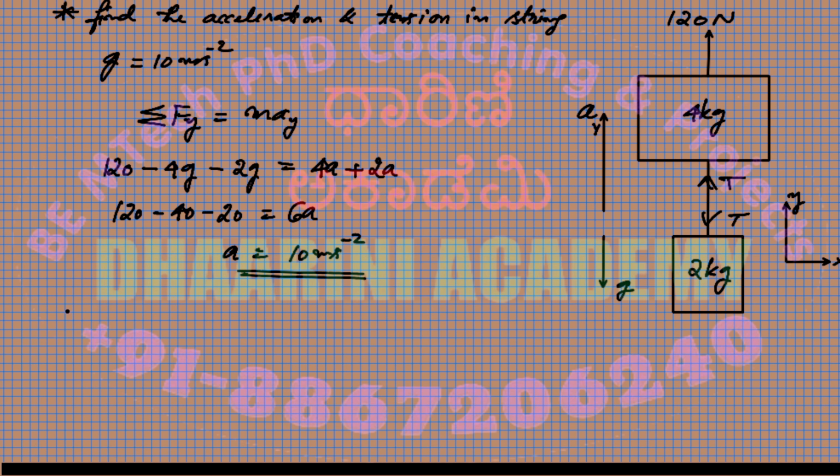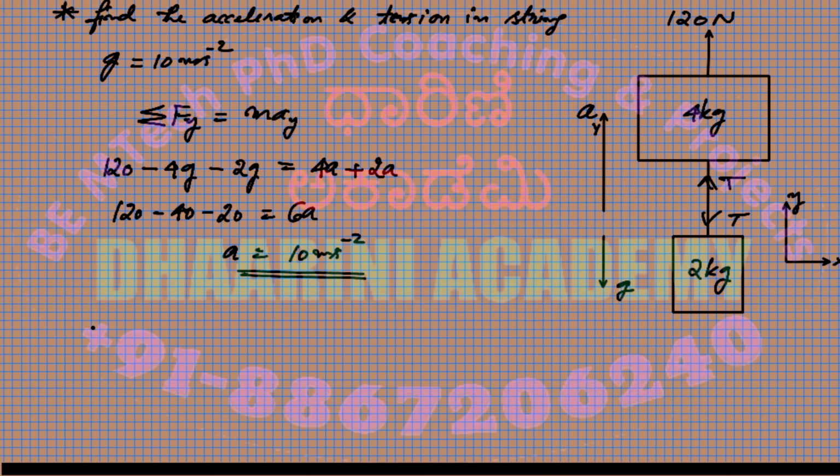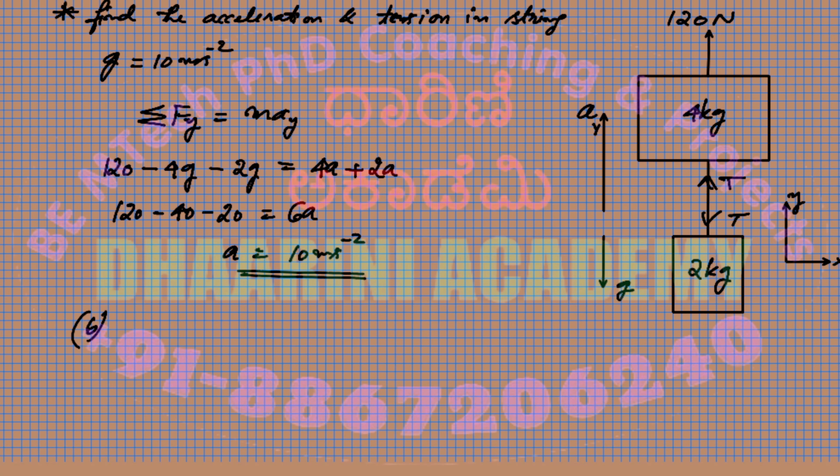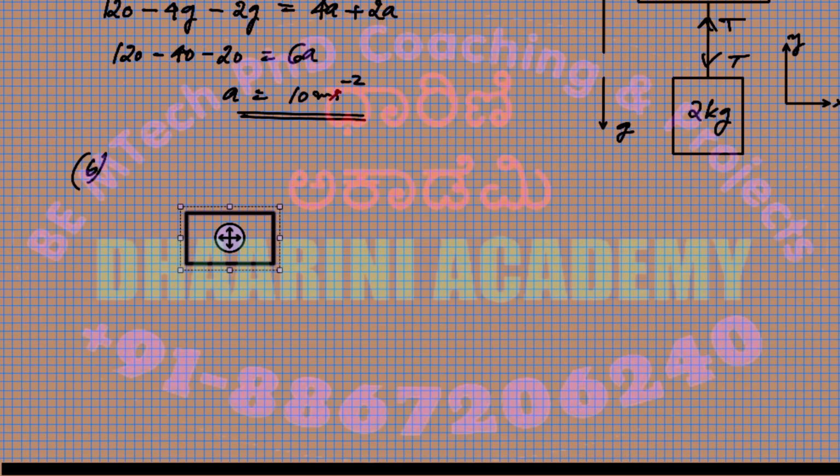Okay, then moving ahead, I just want to find out the tension in the string, tension at this string. You can use either the 2 kg or the 4 kg, but 2 kg becomes very easy for us, right? So for 2 kg, this is part B answer. The total force acting upon this 2 kg body can be understood if I write the free body diagram.